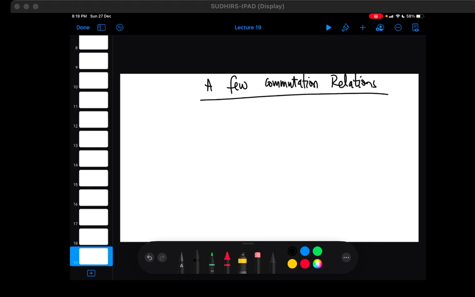We have T3 acting on T plus minus. This is exactly like in SU2 because this is SU2. Then Y acting on T plus minus is equal to 0. Y is, remember, lambda 8, and lambda 3 and lambda 8 commute, so T plus minus doesn't really act on Y.